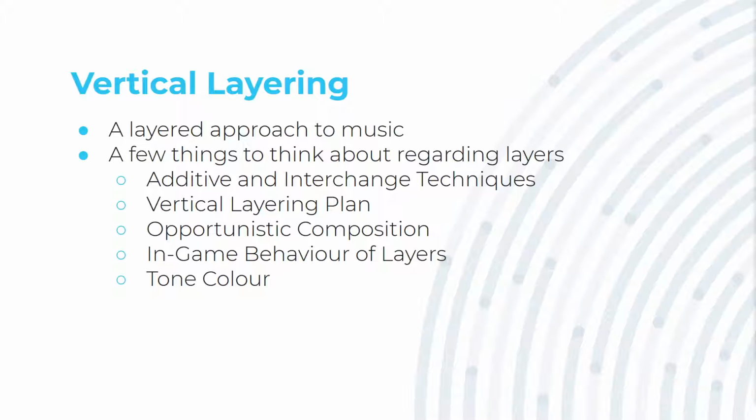Something similar to it is stem mixing, stems being the instrument parts in a DAW. So there's the piano stem, the guitar stems, the string stems, brass, etc. Stem mixing usually ends with all the stems being played together in unison to create the final piece, whereas in vertical layering, there's often a lot of different configurations to give the stems different vibes in different orders.